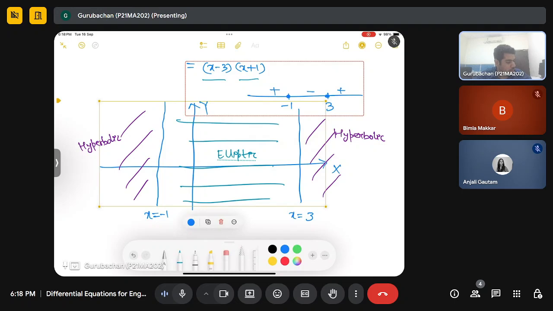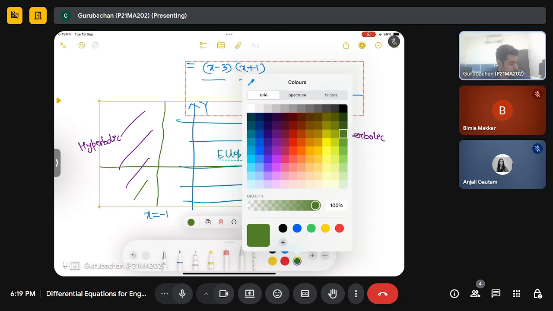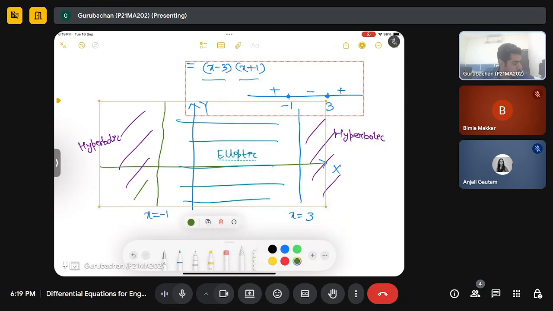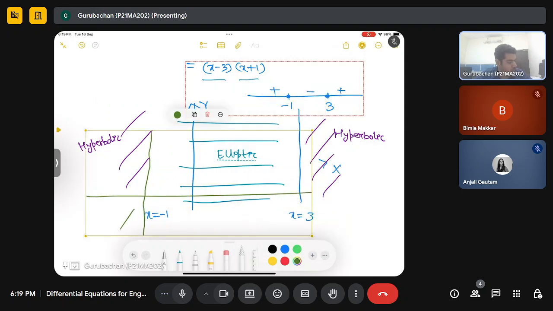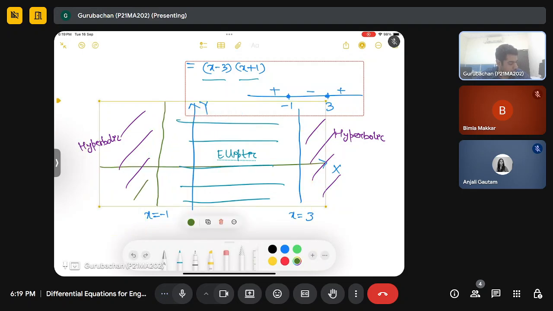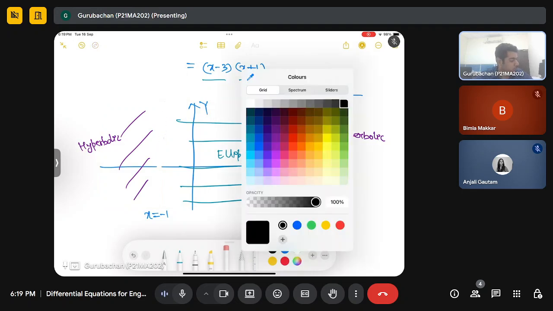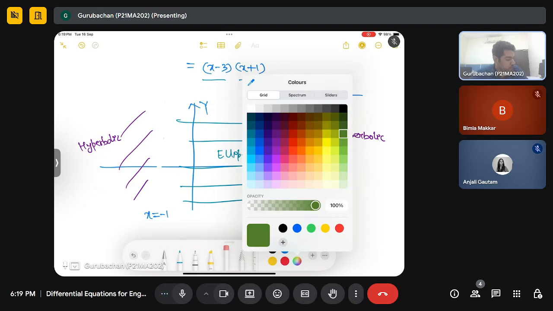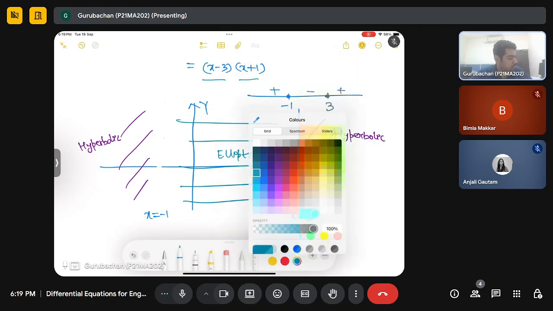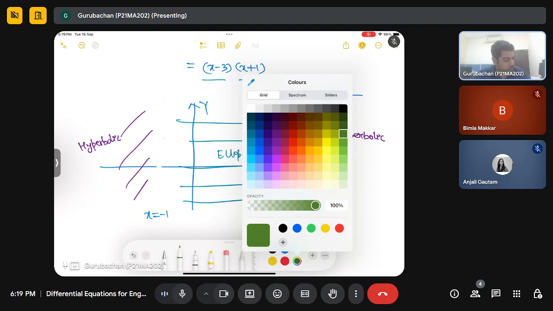So what we can do here, next one is, okay, sorry. Let me just draw it with this one. So this is your x equal to -1.